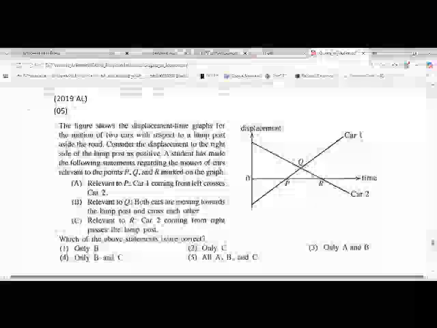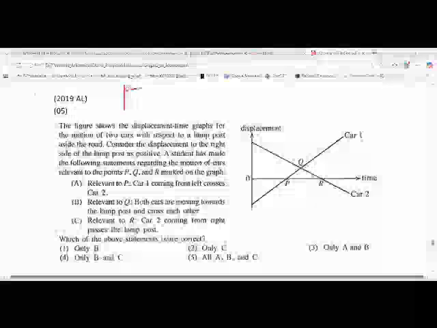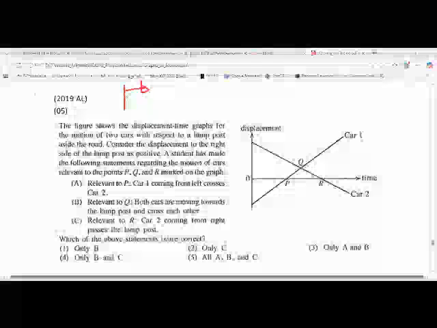If you consider velocity, if this direction is positive velocity, there is no need for an observation point. You can consider only direction. If right side is positive, the other side should be negative. But if you consider displacement, you must consider an observation point.